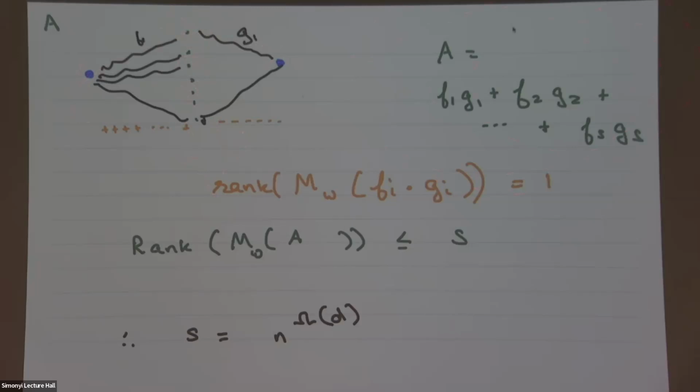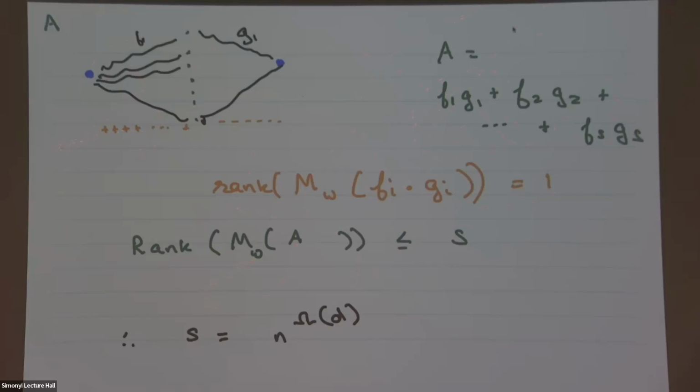So I want to bound the complexity of this. It suffices, using sub-additivity of this rank measure, to bound the complexity of F1 G1 and of F2 G2, etc., and then I can bound the complexity of this big sum.